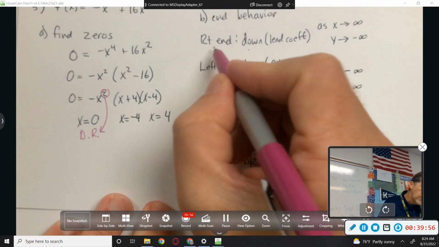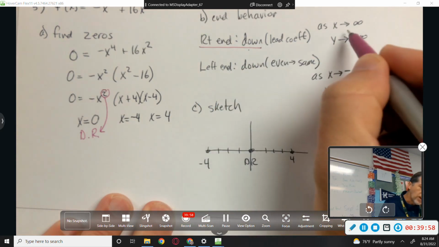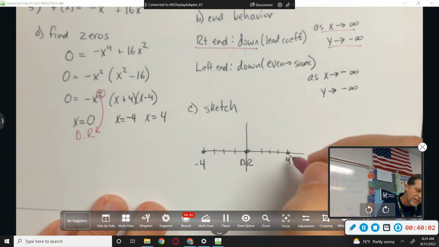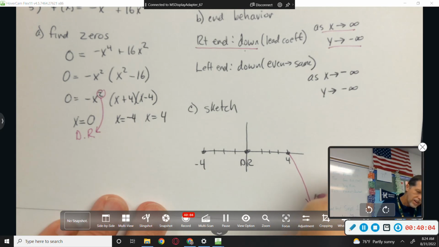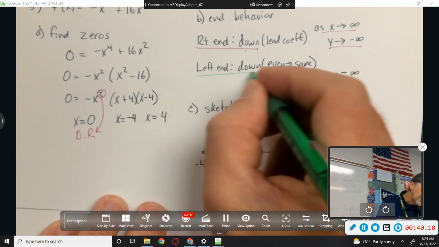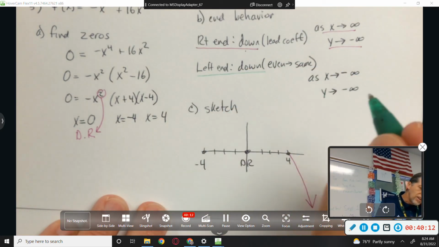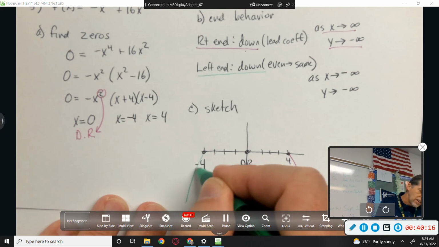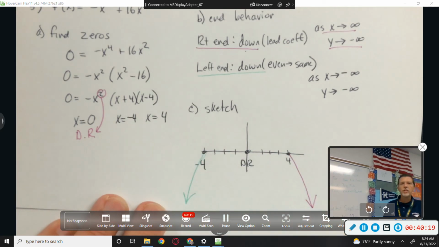We said the right end is going down, or as x goes to infinity, y goes to negative infinity. So the right end is going down. The left end is also going down. So as we come off the left end here, we're also going down.